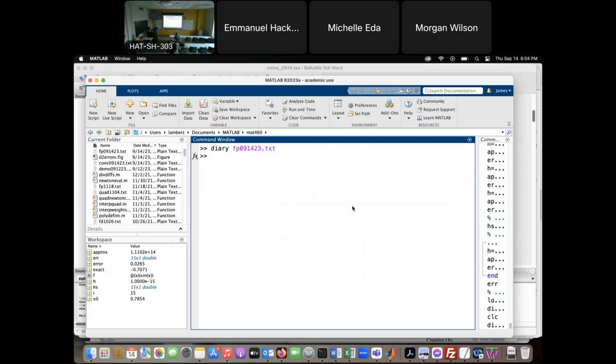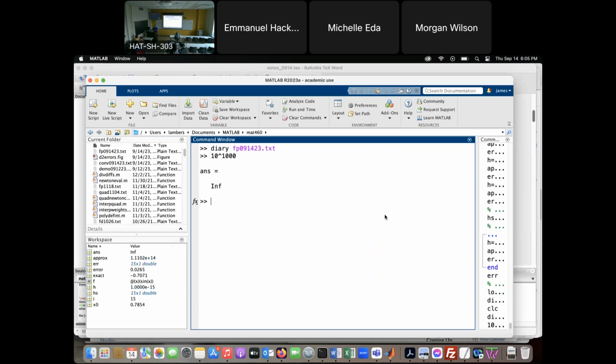So for example, if I want to enter this number into the prompt, 10 raised to the 1,000th power, MATLAB doesn't like that. It's too large a number, so it calls it infinity.